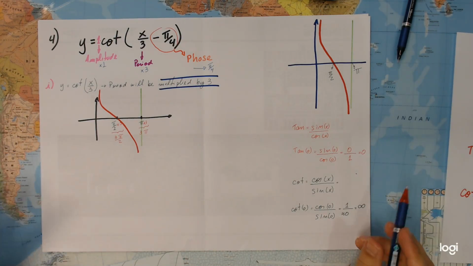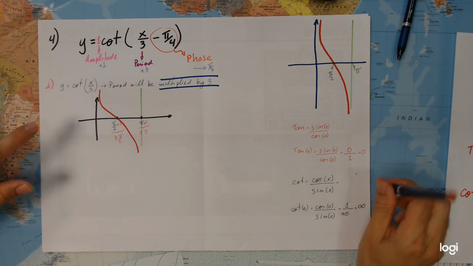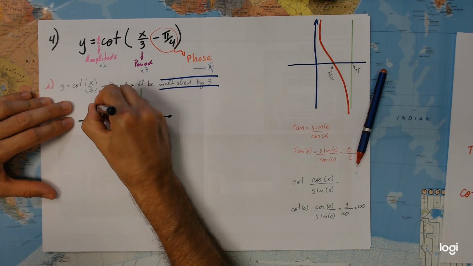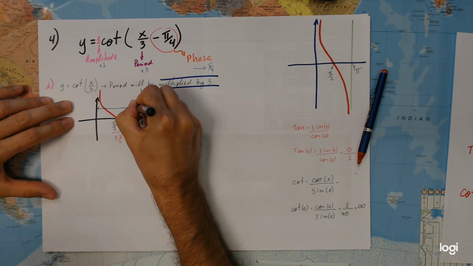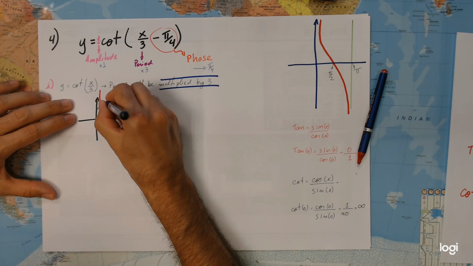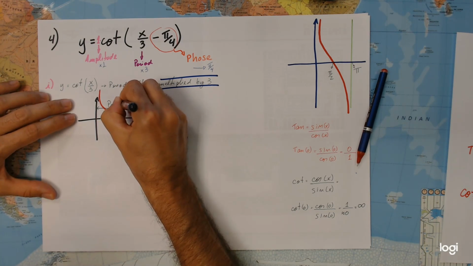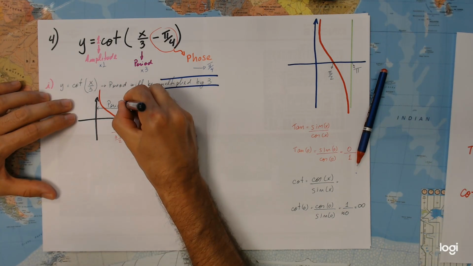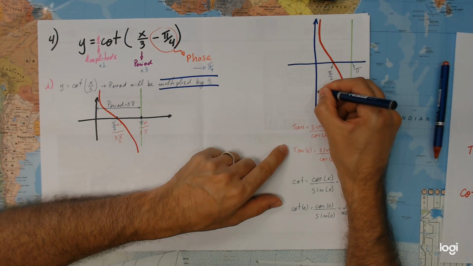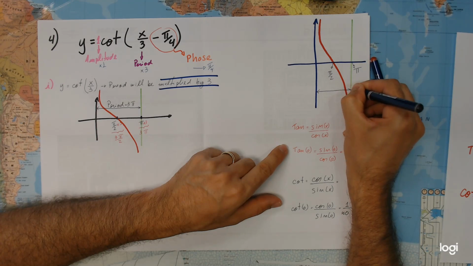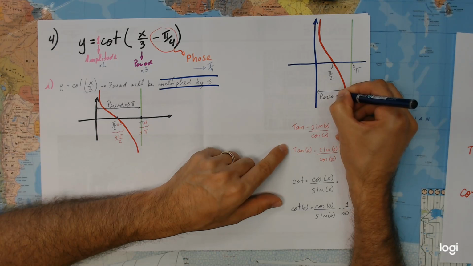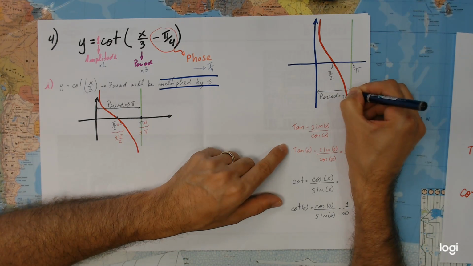Okay, and what happens? This is 3 pi, isn't it? Look, it's 3 pi. The period is 3 pi. What is the period at the beginning? Just pi, right? Period equals pi.